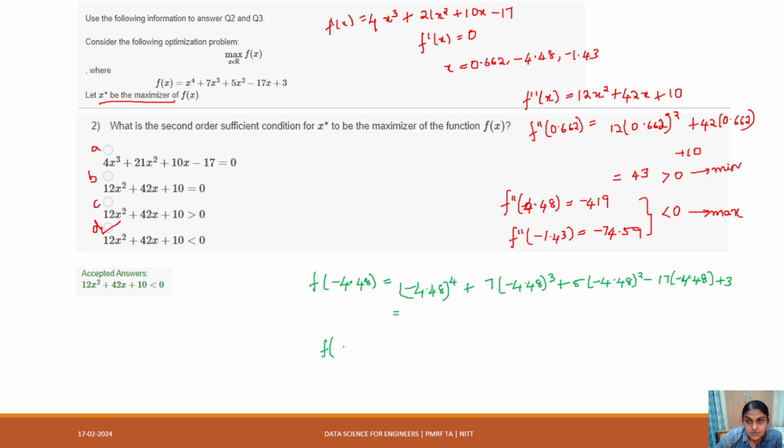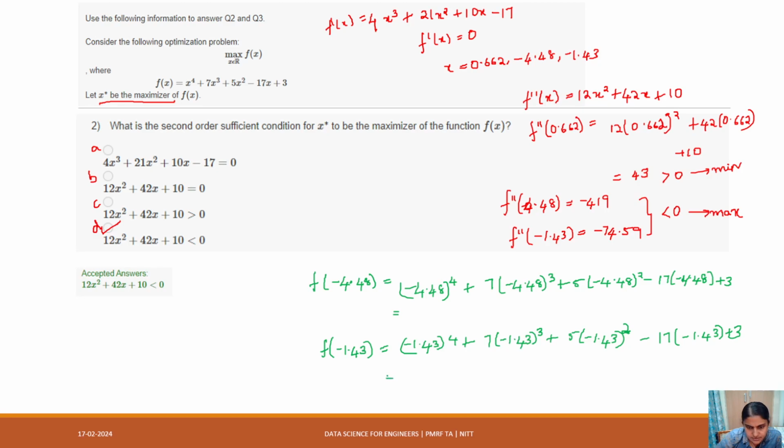Okay, so similarly you have to find out f of minus 1.43, and there you have to calculate this also, plus 7 into minus 1.43 cube plus 5 into minus 1.43 square minus 17 into minus 1.43 plus 3.